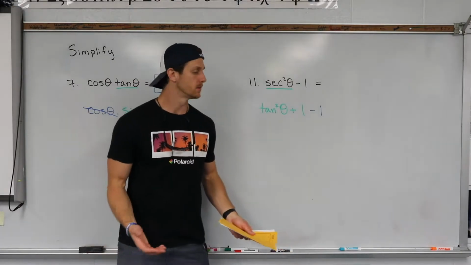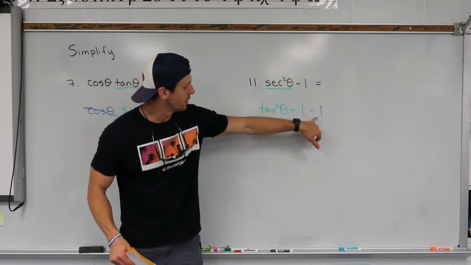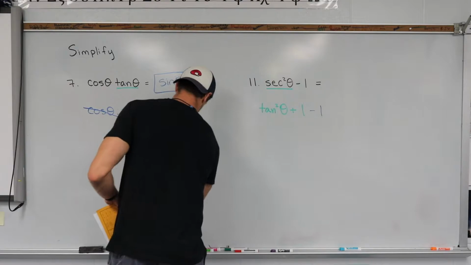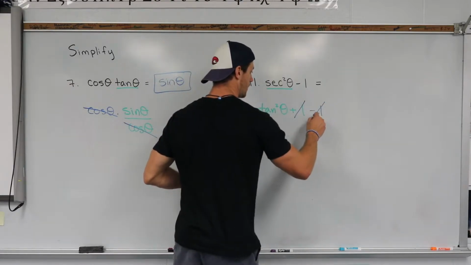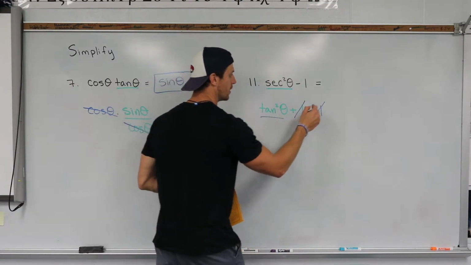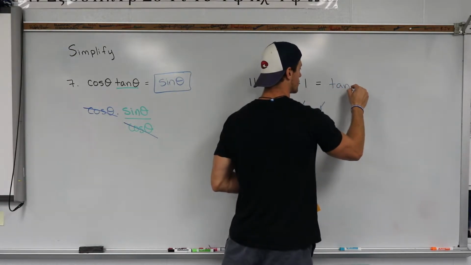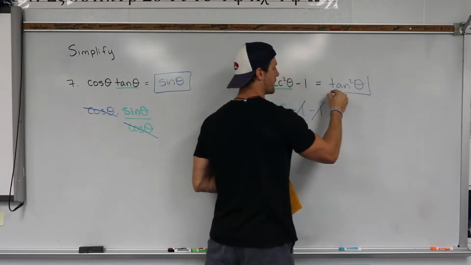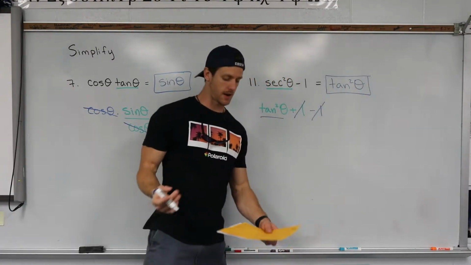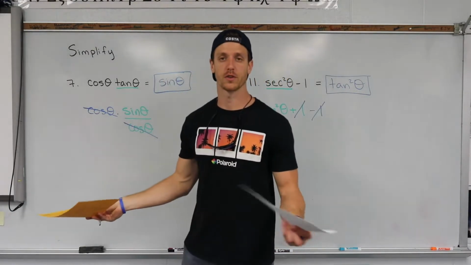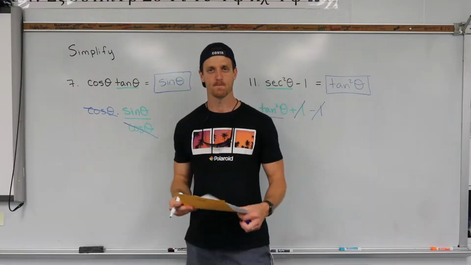Well, what cancels? The 1s. And you're left with tangent squared of theta. All we're doing is simplifying right here, 7 through 14. You got this.